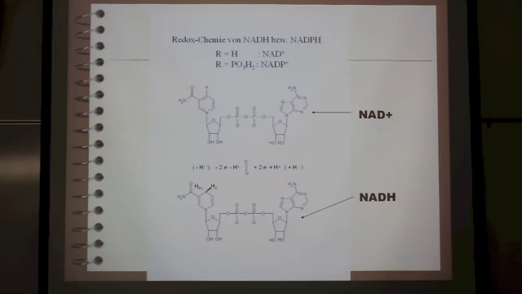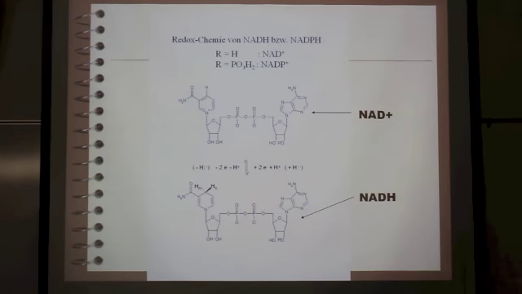So you can think of NADH as a molecule that's holding on to high energy electrons. When it loses its high energy electrons, it goes back to the NAD plus state.